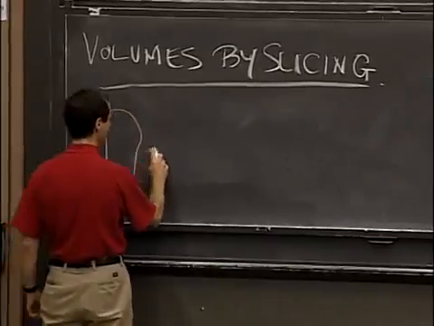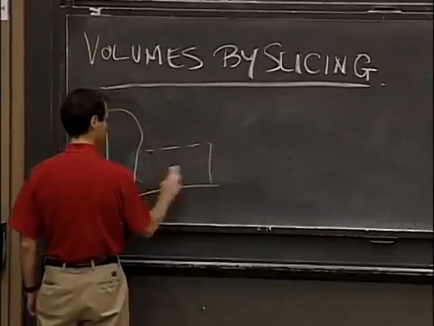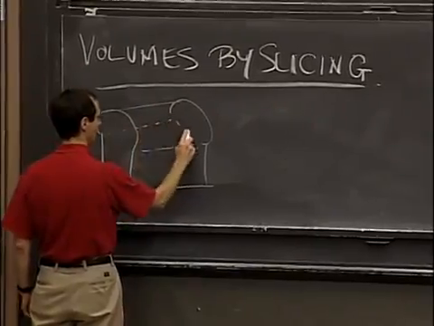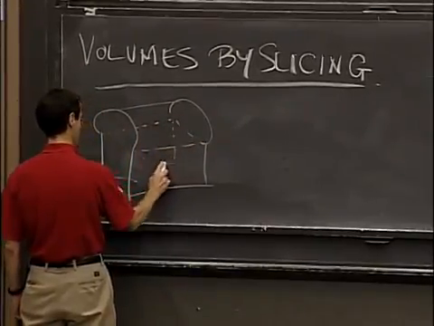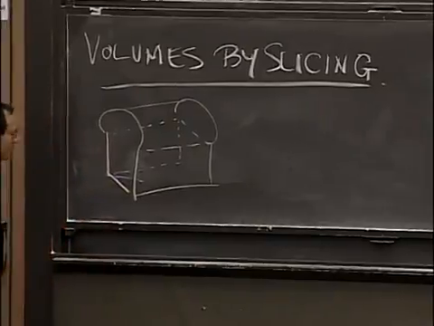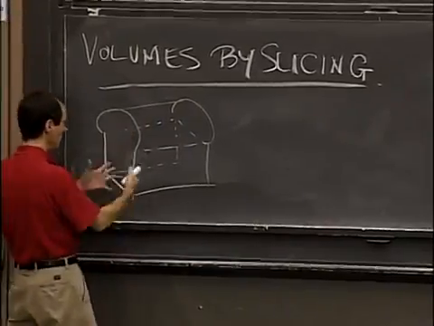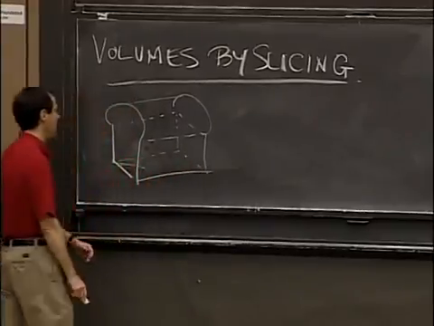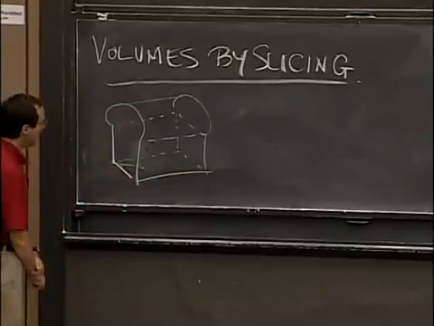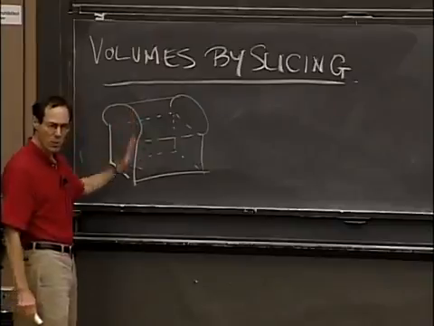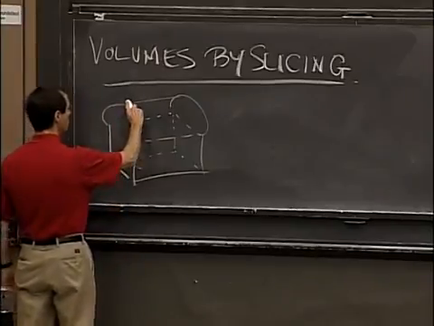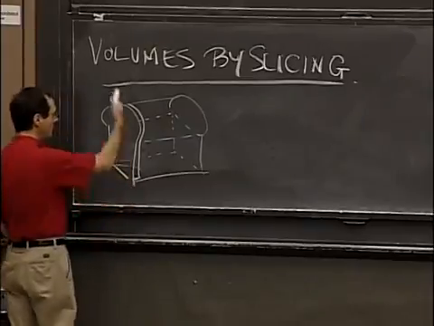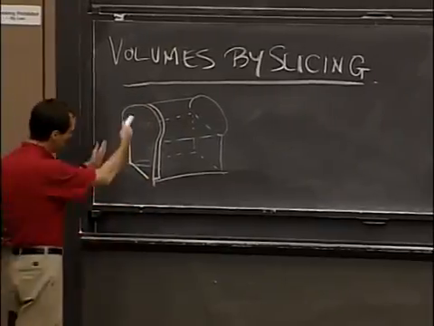loaf of bread here. So here's our loaf of bread. And I hope that looks a little bit like a loaf of bread. It's supposed to be sitting on the kitchen counter ready to be eaten. And in order to figure out how much bread there is there, one way of doing it is to cut it into slices. Now, you probably know that bread is often sliced like this.